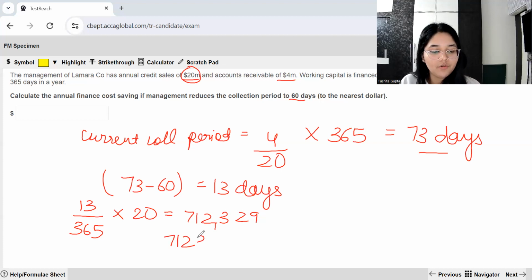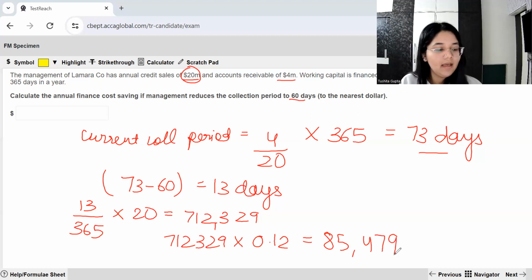So 712,329 multiplied by 0.12 will give me my saving, and my saving will come out to be 85,479. And I will input this same value here. This will be 85,479, and this will be without any commas or anything.